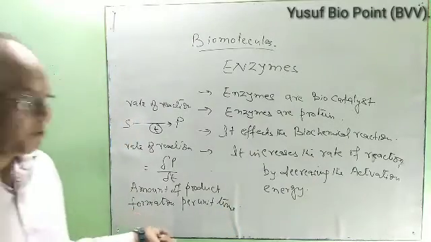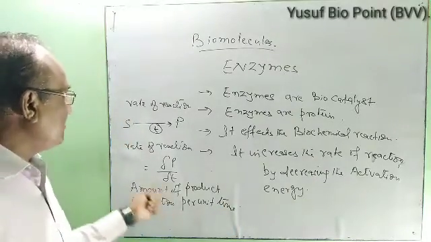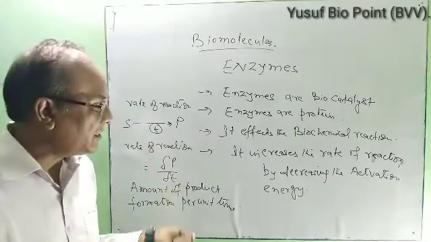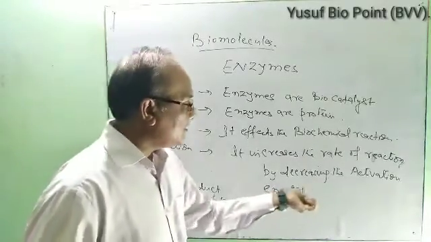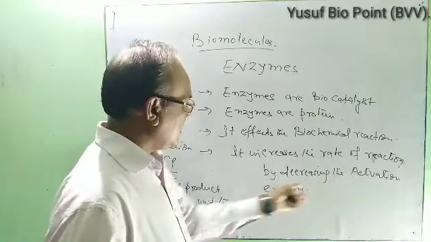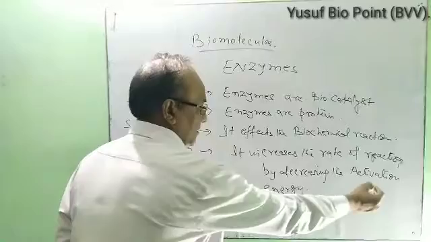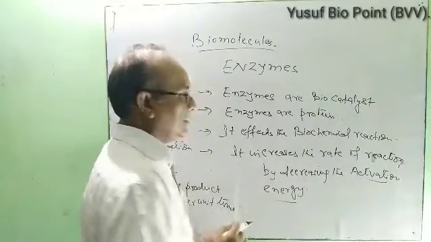So amount of product formation per unit time is called rate of reaction, and that rate of reaction is increased by the enzymes. How? By decreasing its activation energy.